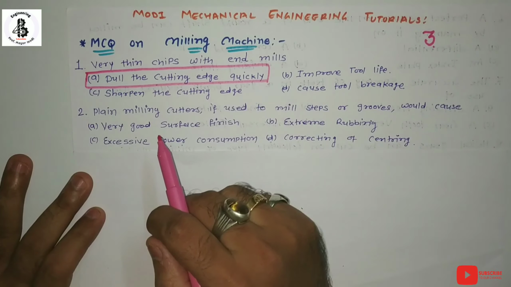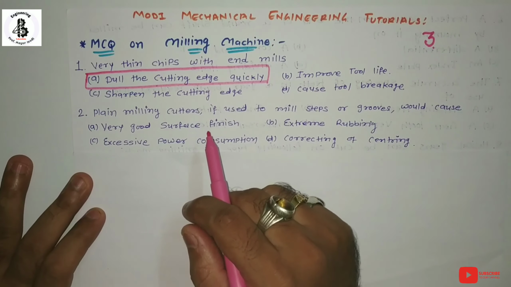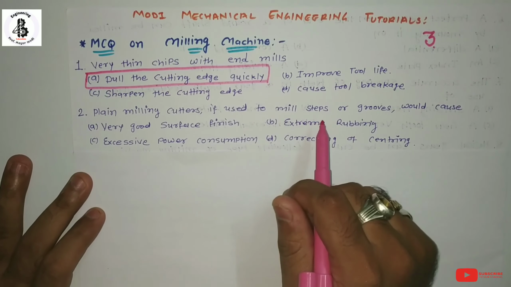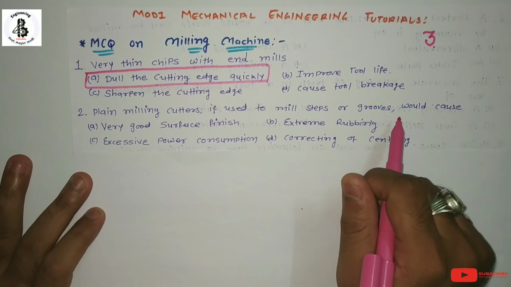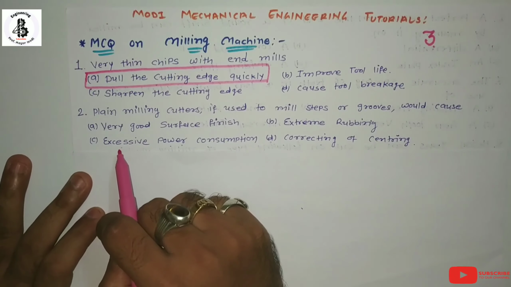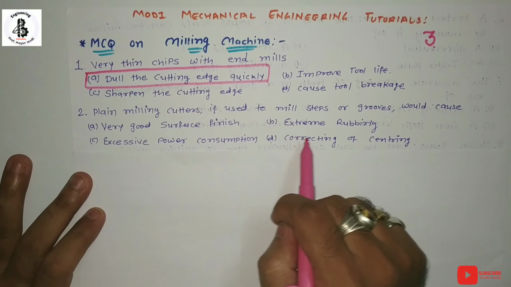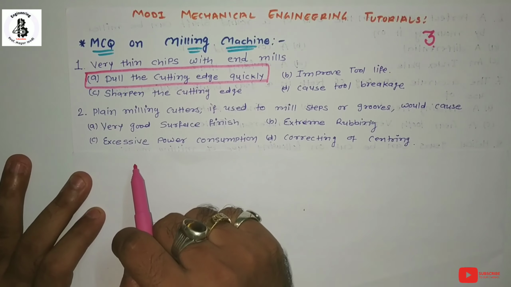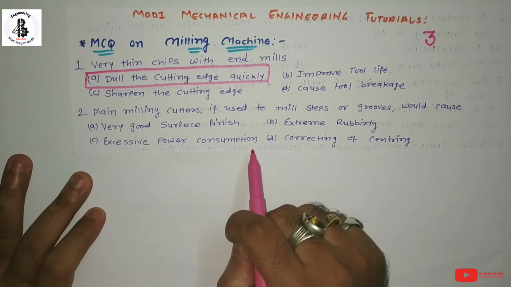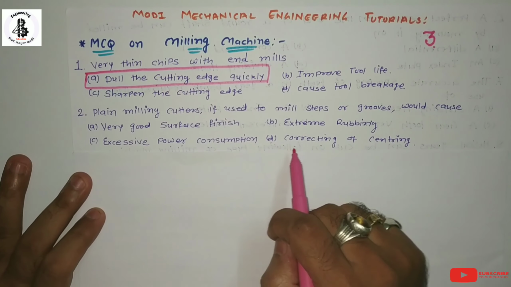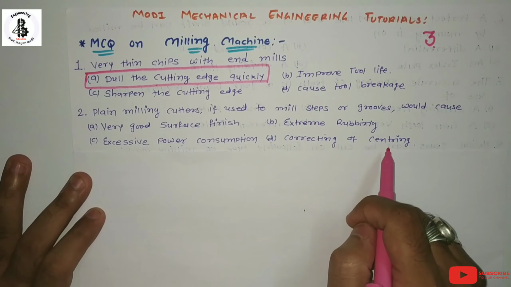Then next question. Plain milling cutters, if used to mill step or grooves, would cause option A. Very good surface finish. Option B. Extreme rubbing. Option C. Excessive power consumption. And option D. Correcting of centering.